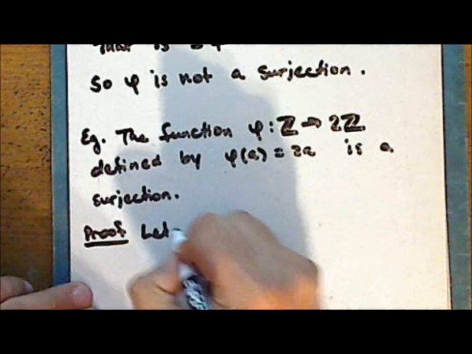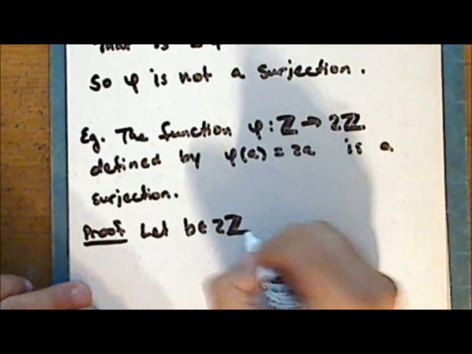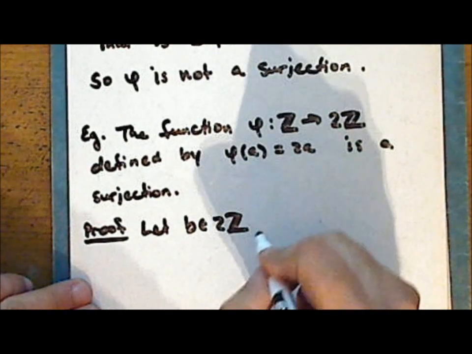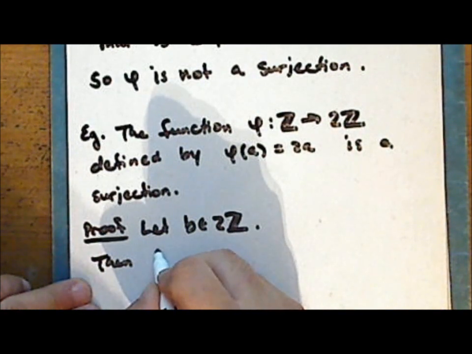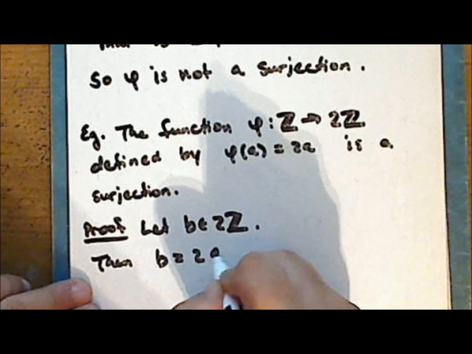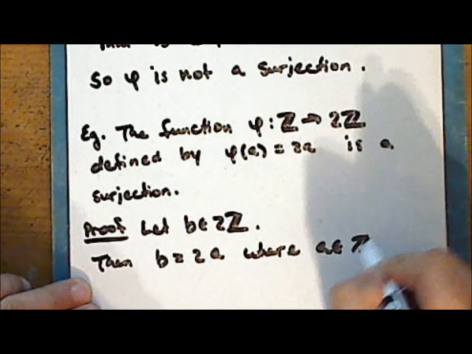Let the element b be in the set of even integers, that is the codomain of this function, then this element b is 2 times a, where a is any integer.